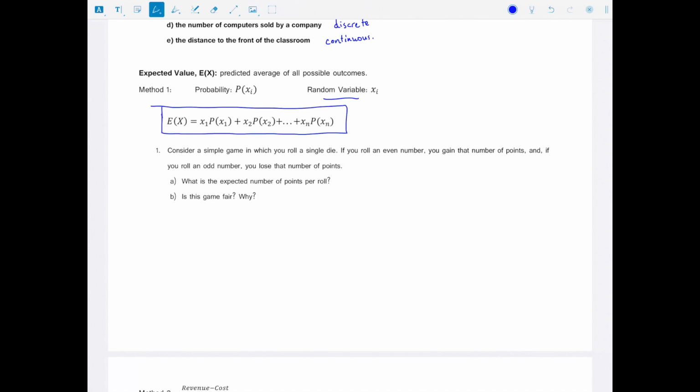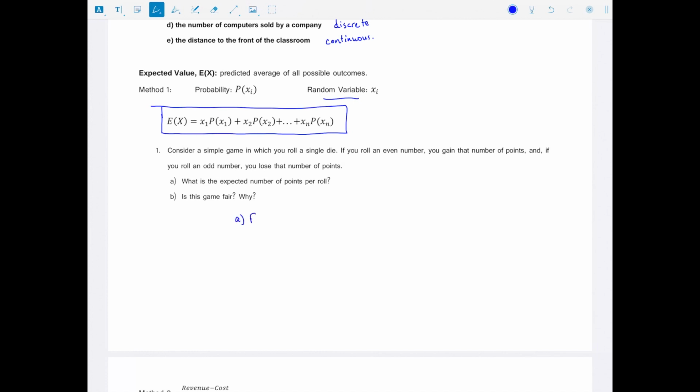So let's consider a simple game in which you roll a single die. If you roll an even number, you gain that number of points. And if you roll an odd number, you lose that number of points. So even you gain, and odd you lose. What is the expected number of points per roll?